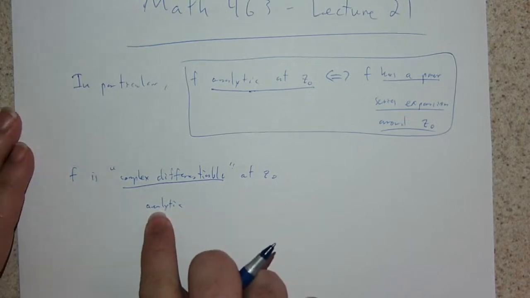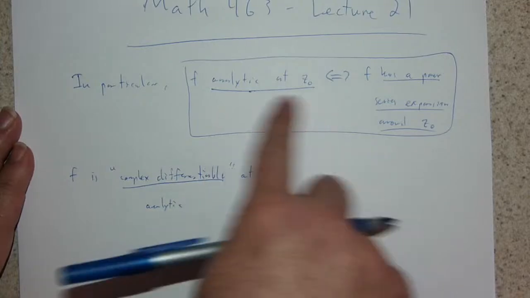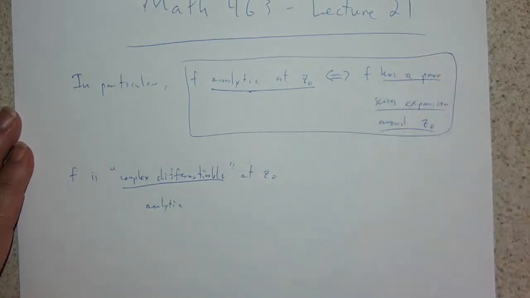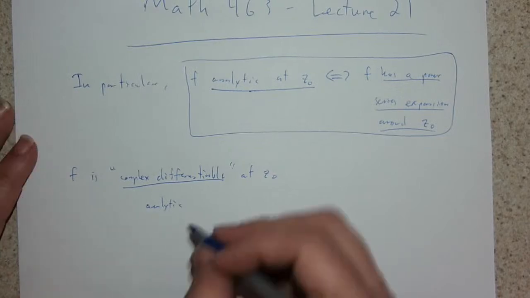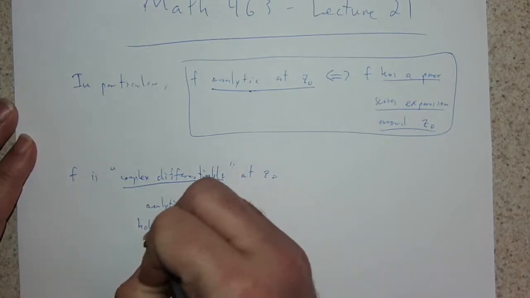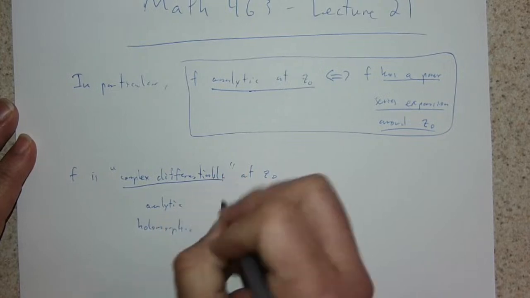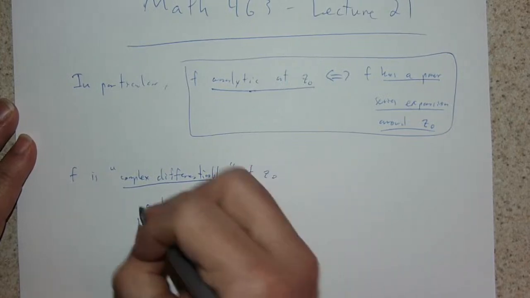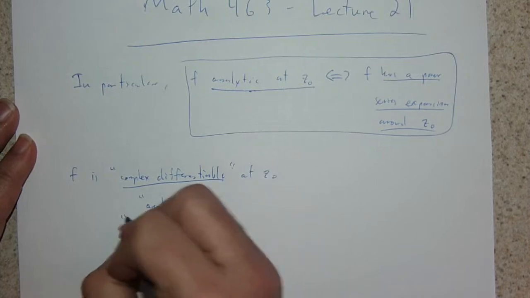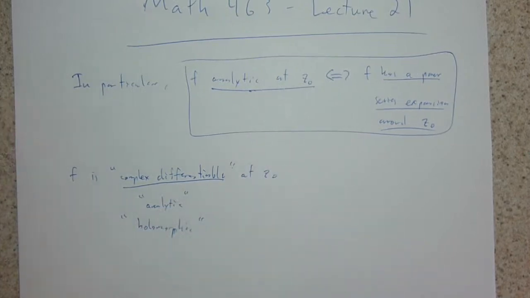If we didn't use this word analytic and held it back, and used it only for this case, then maybe another word we could have used, and this is something that you'll commonly see if you're looking up complex things, is rather than saying analytic here, you would say holomorphic at z0. So holomorphic means has a complex derivative at z0, and a holomorphic function then would replace the term analytic that we've used, and nothing would change here.